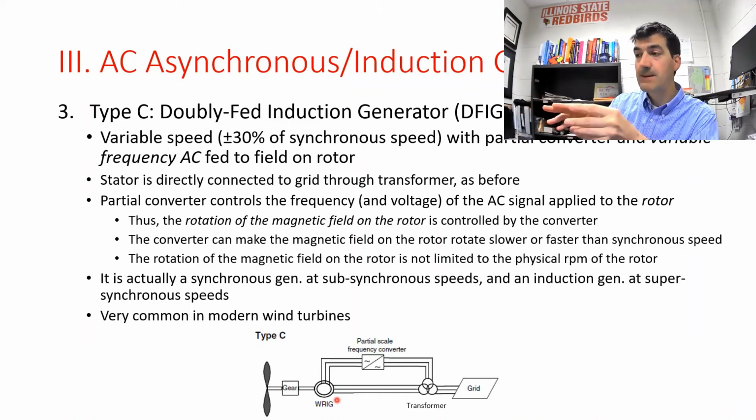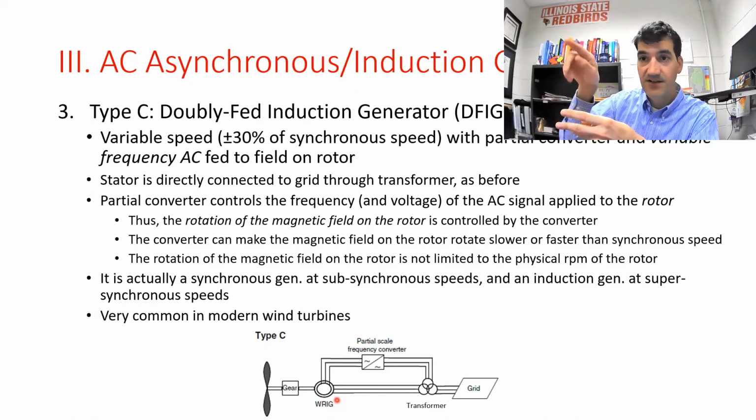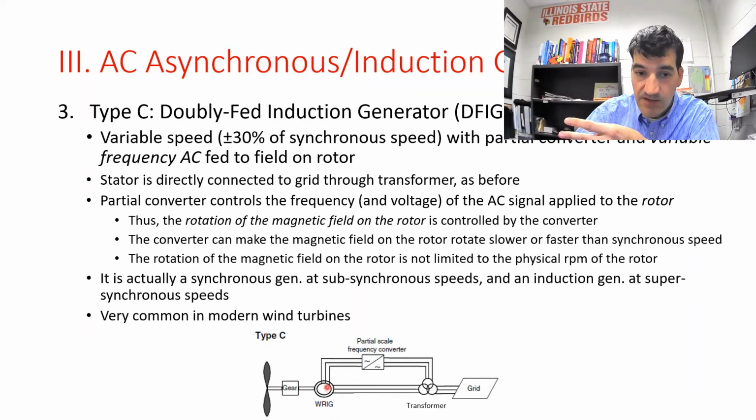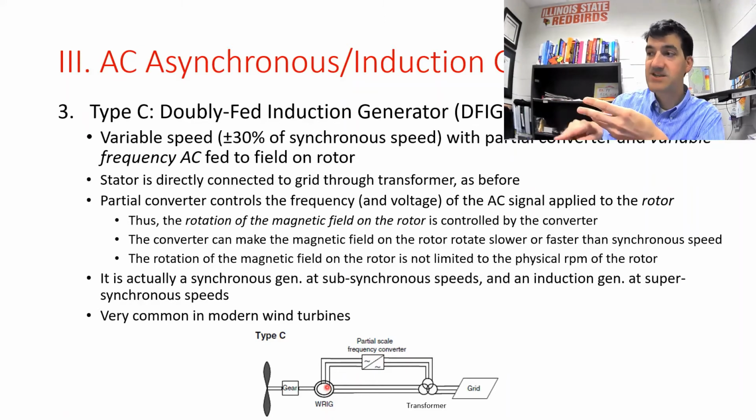If the rotor mechanically is rotating slower than 1200 RPM, the synchronous speed on the stator, then I can apply a certain AC signal from the converter to the rotor to make up for that speed and to actually make the magnetic field rotate faster.